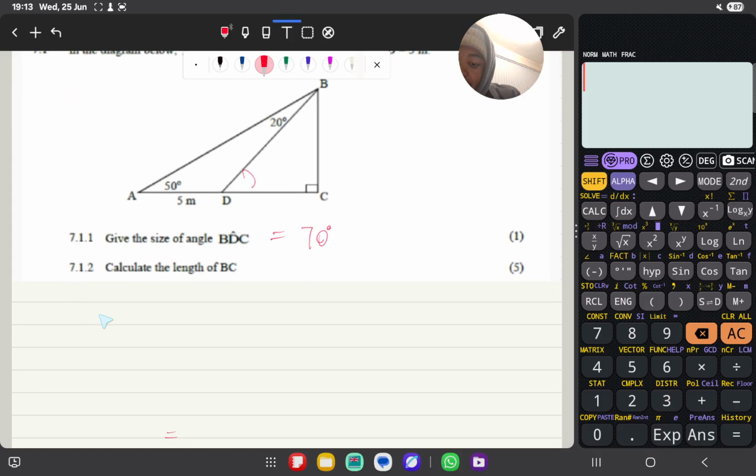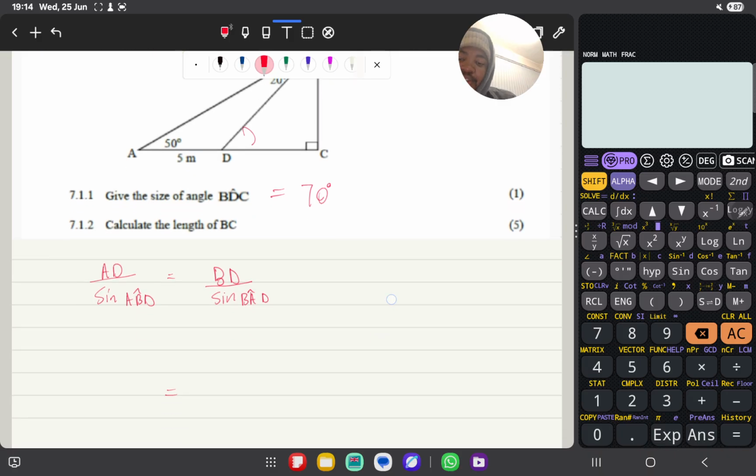So sine rule says that AD over sine ABD equals BD over sine BAD.